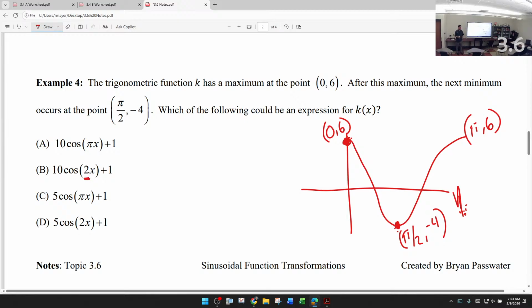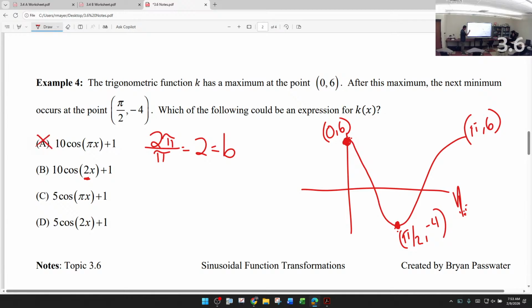It's not pi. It's for sure not pi, because B is 2 pi over the period, and this period is pi. And that gives me the B value. You're going to need to know that because sometimes it's going to be a constant, and it will be a pi.